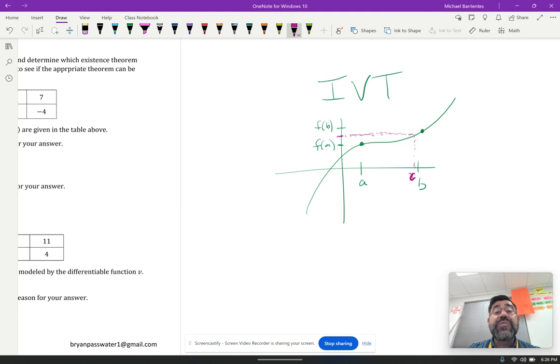As long as you choose a y value in between the y values of the endpoints, which I'm going to call L, and as long as my function is continuous, I'm guaranteed that there's an x value between A and B whose y value is that number.